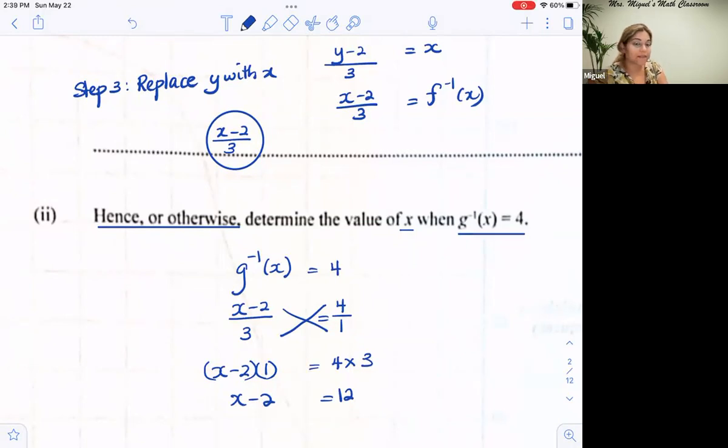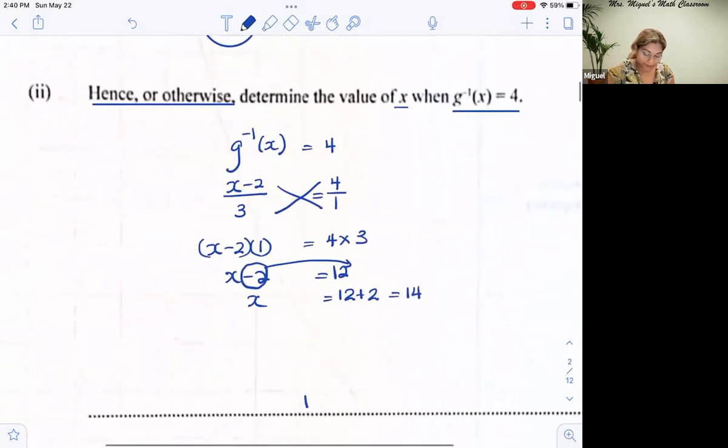Let me know when you have a number for x. x is 12 plus 2. x is equal to 14.